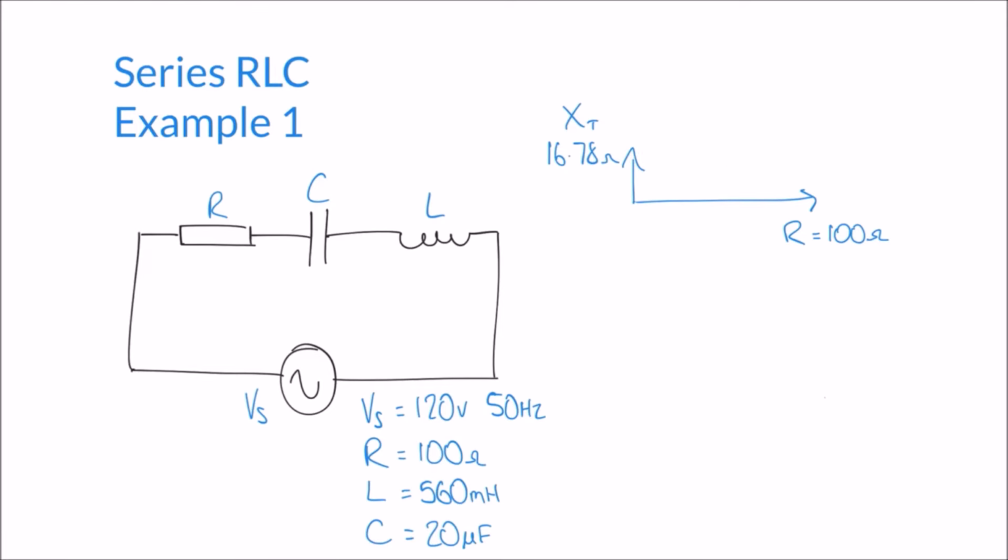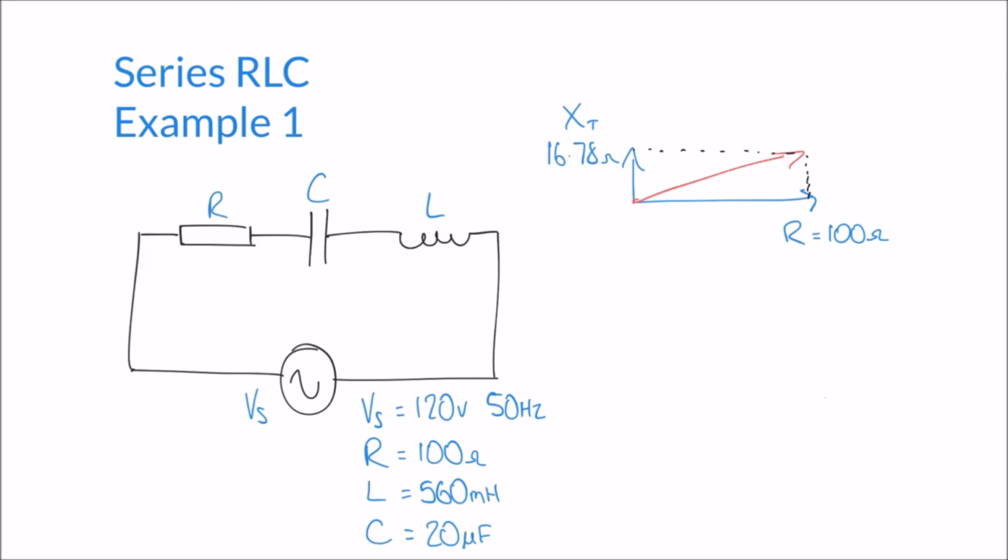And I'll try and draw that on like so. So our impedance, if you can imagine, is completing the hypotenuse of this triangle, where the vertical side is 16.78 and the horizontal side is 100.